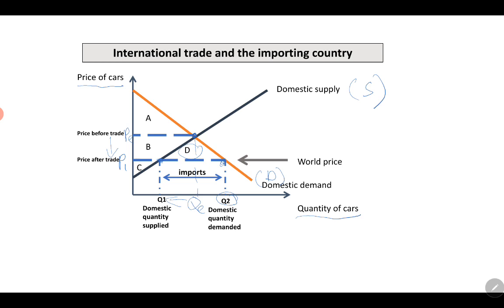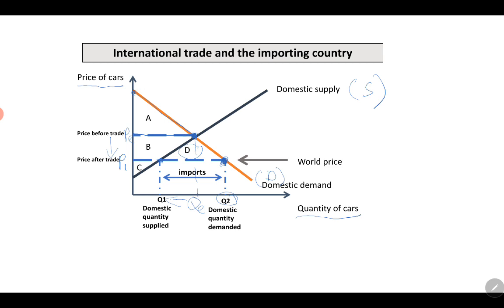Now let's look at what happens to the surplus. As you know, if you want to find the original surplus, we have to look at the initial equilibrium. So area A here will be consumer surplus before trade, but after trade takes place, this is where it touches your demand, so this is the price that the consumer is paying.